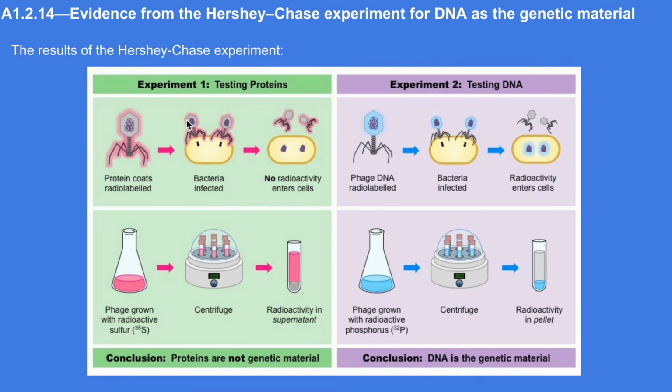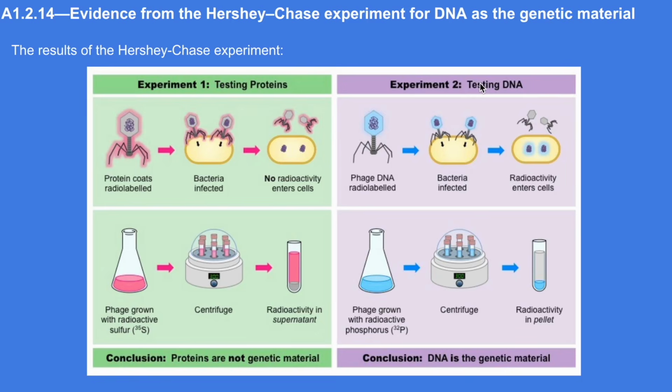Okay, but the DNA is the genetic material, and so for those radioactively labeled protein coats, when the resulting solution was centrifuged to separate it out by density, okay, the bacteria end up in this little pellet, but all the radioactivity was still in the supernatant, the liquid part, showing that the protein never actually got injected and therefore was not the genetic material.